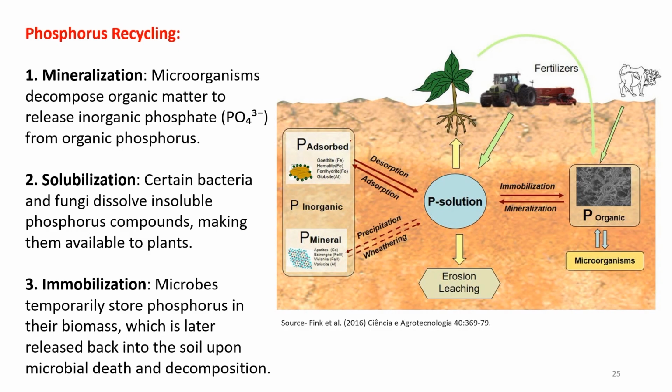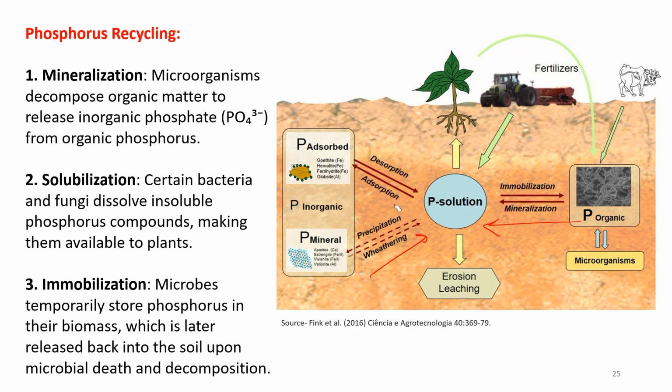So, ultimately phosphorus which is absorbed in hematite and other minerals will come to this solution form, and also those from the organic matter will come to the solution form, and these become available to the plants. And of course, when we apply fertilizers artificially, that also gets solubilized, and finally it enters the plant system.